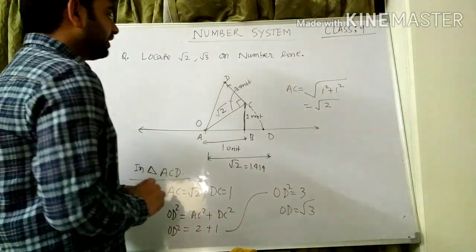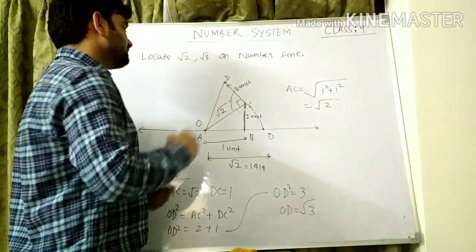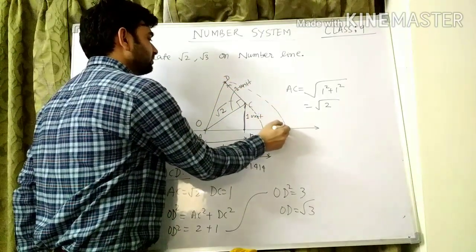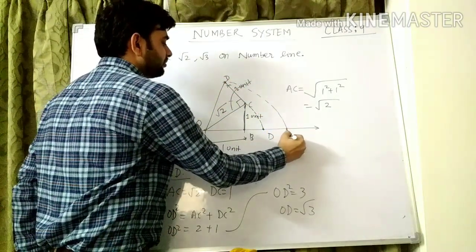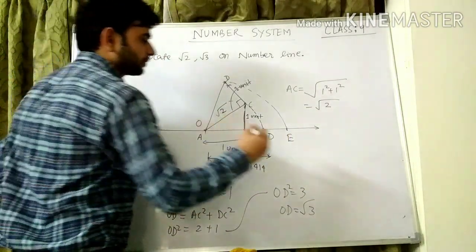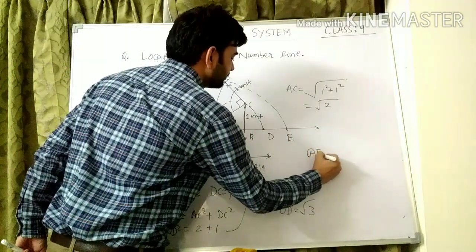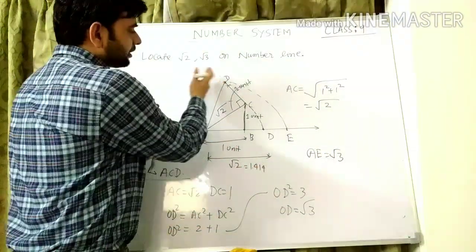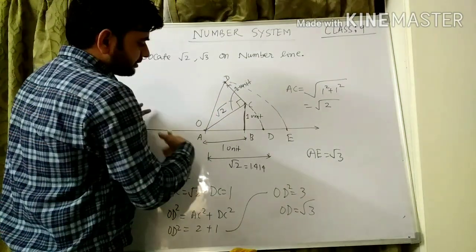In the same way, you will use the compass, fix one point here and mark here. This point will be E, and the length of AE will be root over 3. You will continue this procedure in a circle format.